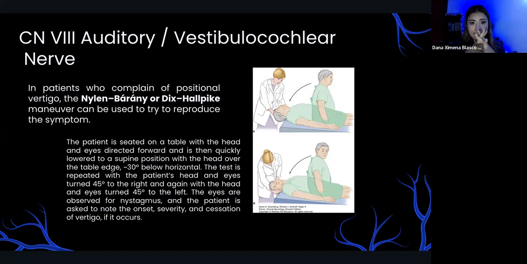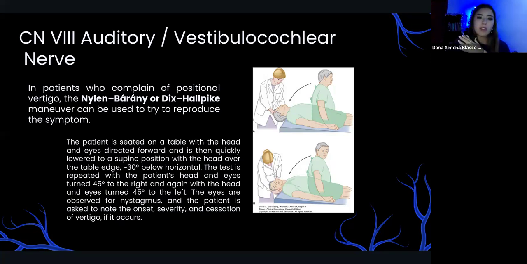So how is this technique performed? The patient is seated on a table with the head and eyes directed forward and is then quickly lowered to a supine position with the head over the table edge and 30 degrees below horizontal.